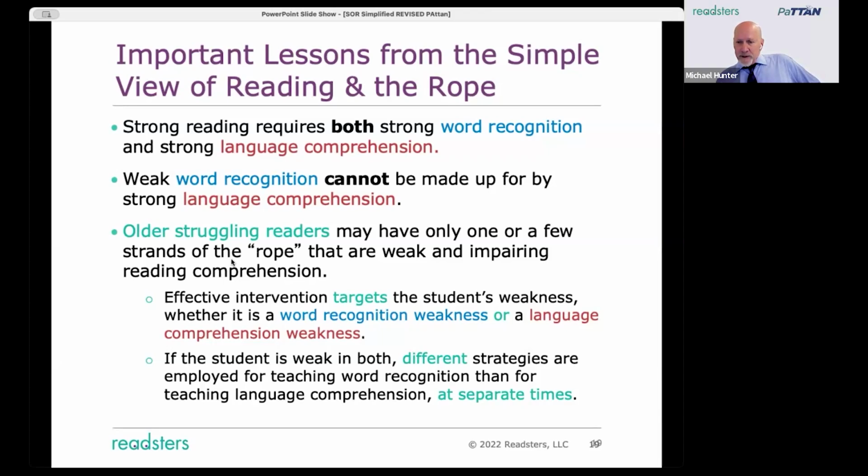That brings up a good point about language comprehension. I wasn't getting into this, but I'm going to throw it in real quickly. There's an extension in the science of reading, in the research, of the simple view that a researcher called Kamhi developed, where he proposes what he calls the narrow view of reading. If we were to call only word recognition reading instruction, then everything else that we do in school, and actually everything else that happens in life, is language comprehension, because language comprehension comprises world knowledge.